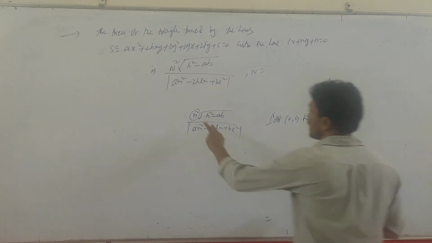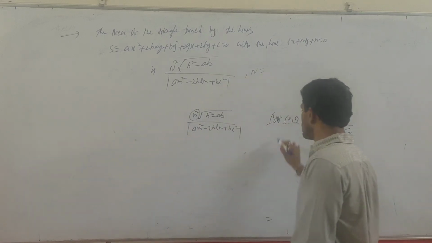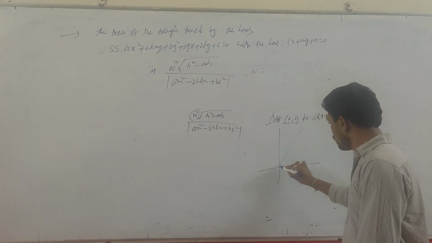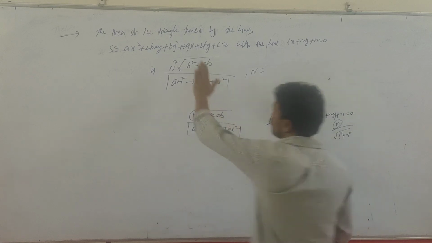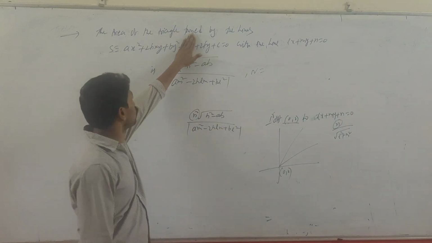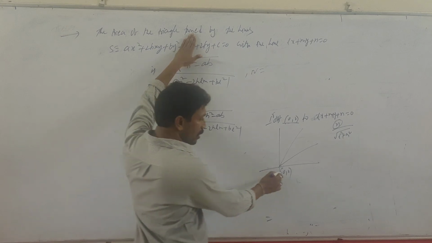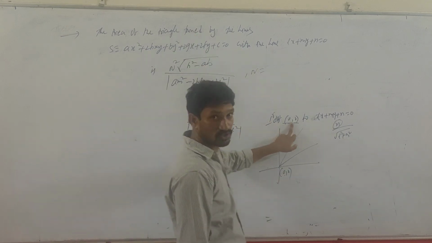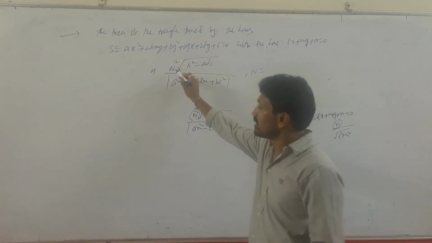This n we consider here as n. Similarly, this 0, 0 is nothing but the point of intersection of these two pair of lines. If you take only up to here, ax square plus 2hxy plus by square is equal to 0, for this pair of straight lines passing through origin, the point of intersection is 0, 0. Here this 0, 0.